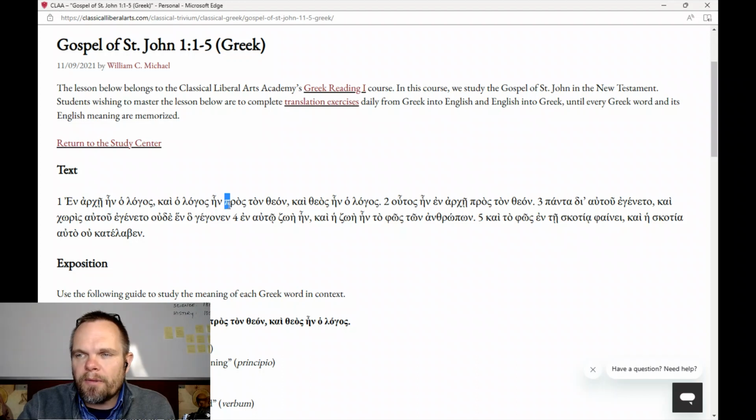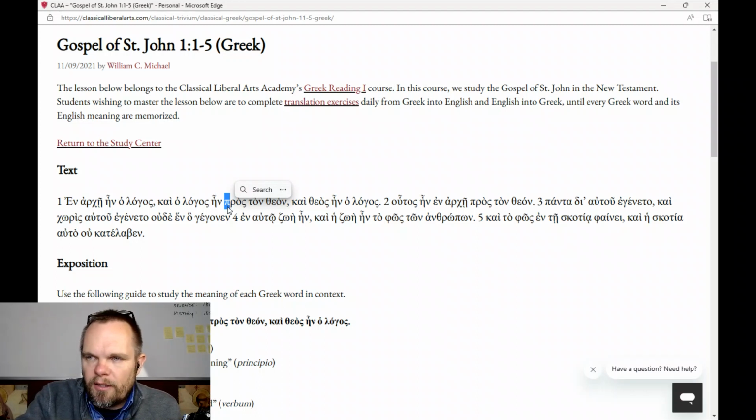The next word begins with the letter P, or pi, as it's normally pronounced in modern English. P, followed by the ro, just like we saw in arche. We have P, ro, then an omicron with a grave accent, followed by final sigma. This is the preposition pros.